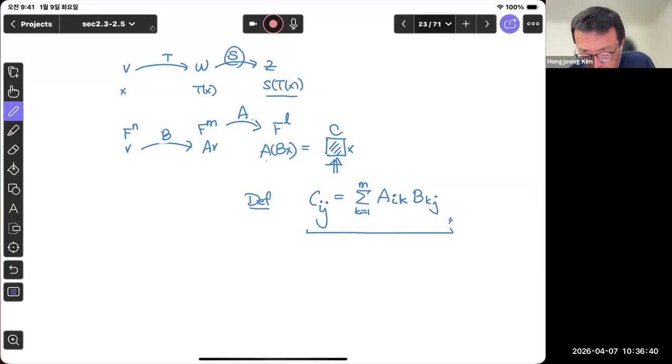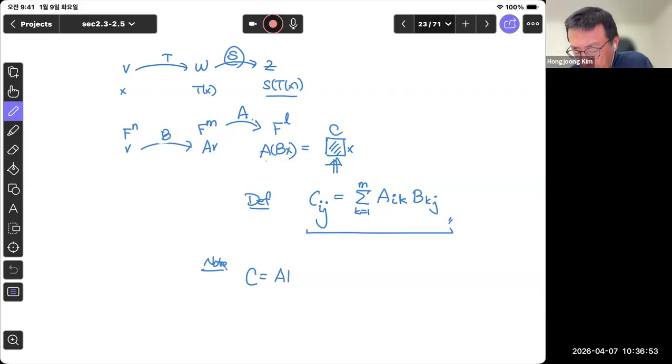But if C is obtained by multiplying A and B, you can multiply A to the first column of B to obtain the first column of C, and A times B2, up to A times Bn.